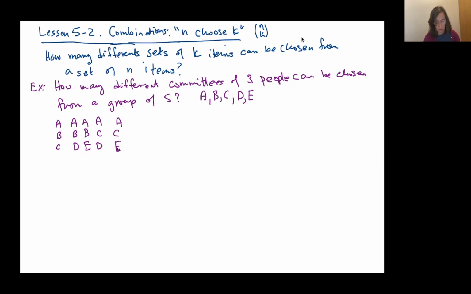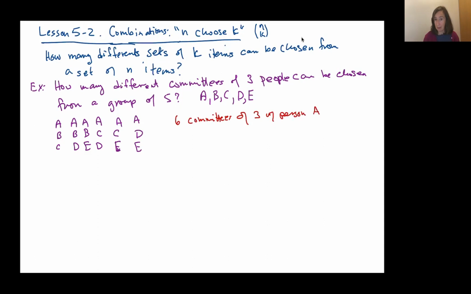Those are all the ones with A and C. And then we've got one that doesn't have either B or C, and those are all the possibilities for committees that include person A. So 6 committees of 3 with person A.